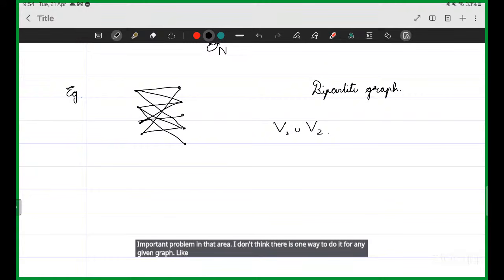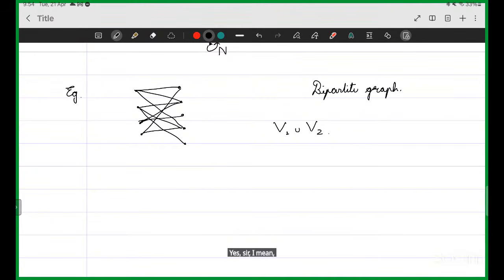There are no things like the BFS or the DFS where you start out with the vertex and then you have this step-by-step procedure. I don't think such a thing exists for graph coloring. Yes, sir. In BFS, DFS, the algorithm is given, but here no algorithm is given. I don't think there is an algorithm, is what I'm saying.